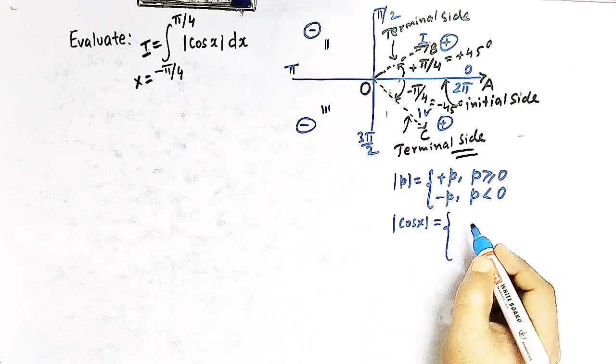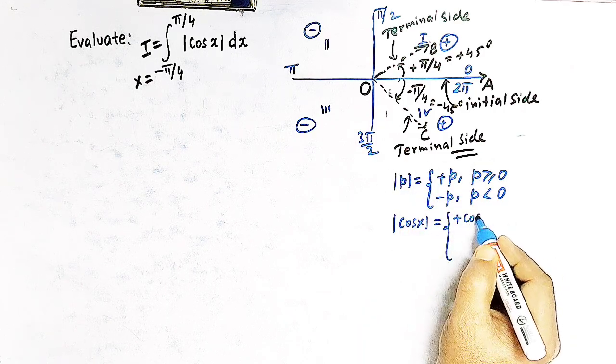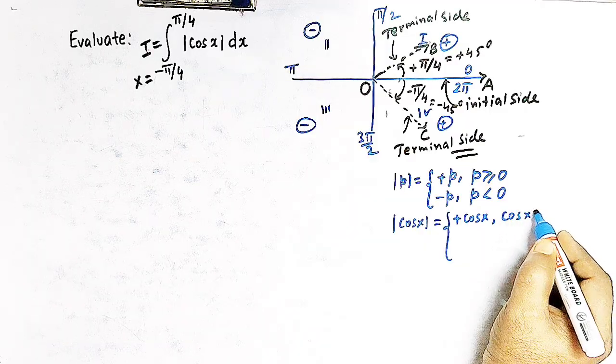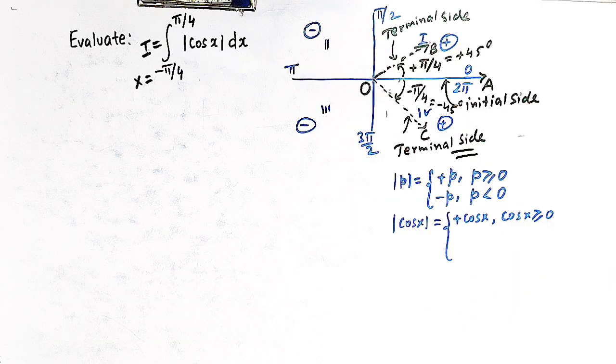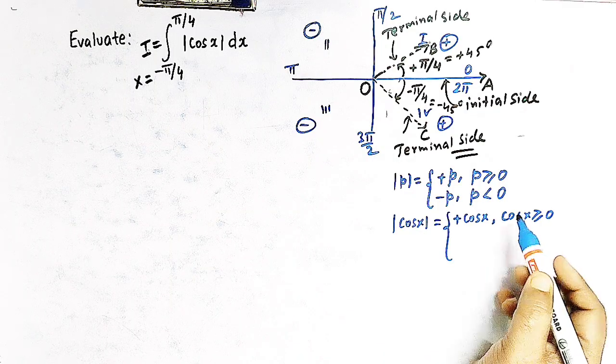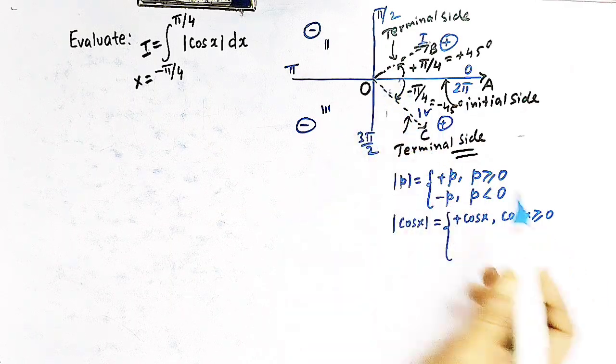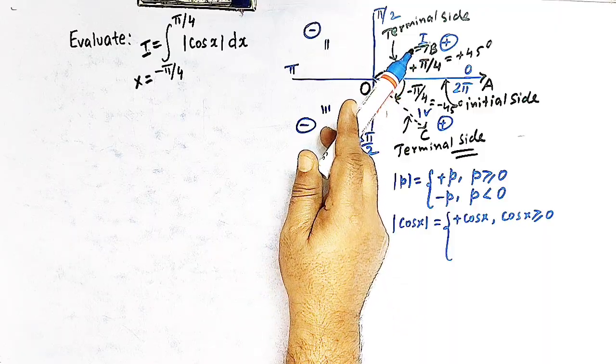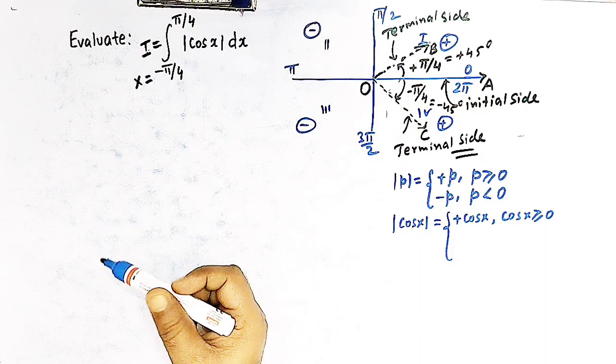So we can now write here positive cosine x when cosine x is greater than or equal to 0. And we have just discussed that cosine x is positive in the first and fourth quadrant, right?